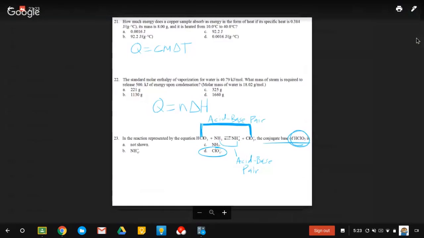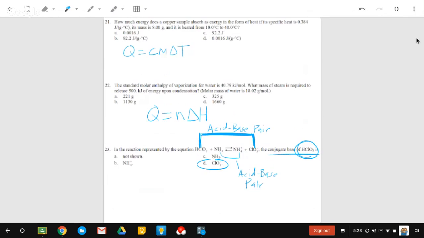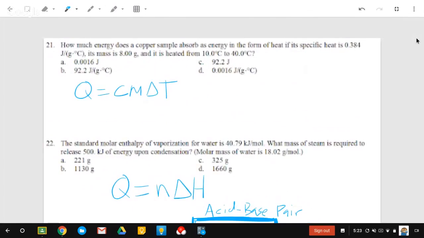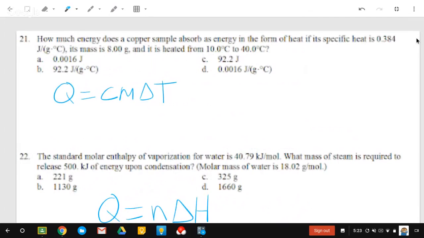Yeah, okay. So I put these on the test because I was thinking that they're pretty easy calculation problems. All right, so 21, how much energy does a copper sample absorb? Energy in the form of heat. If it's specific heat, and once you see that phrase specific heat, you should know what to do here. It's 0.384. Its mass is 8, and it's heated from 10 to 40 degrees Celsius. So we got 40 minus 10 for our temperature change.